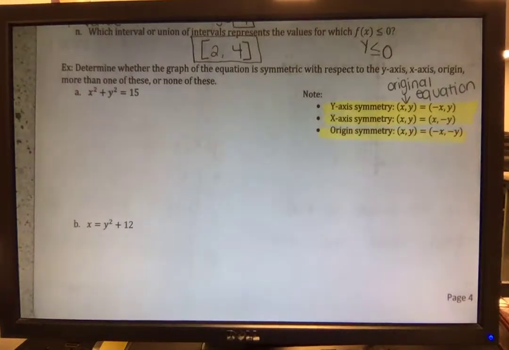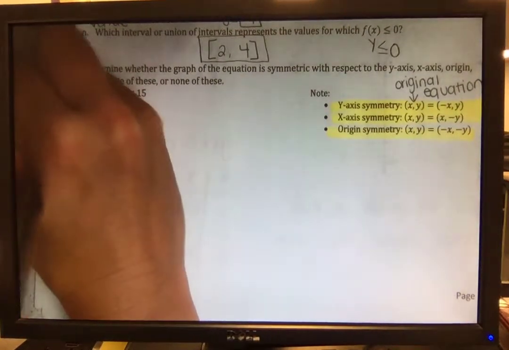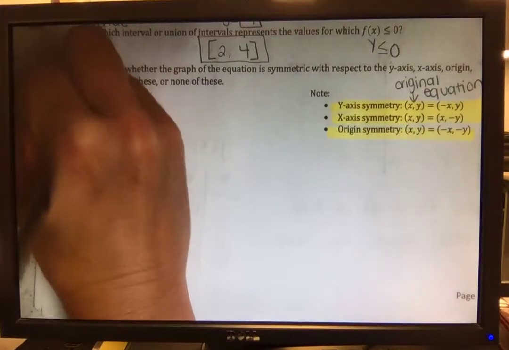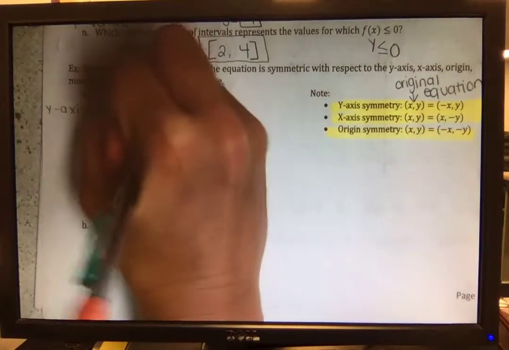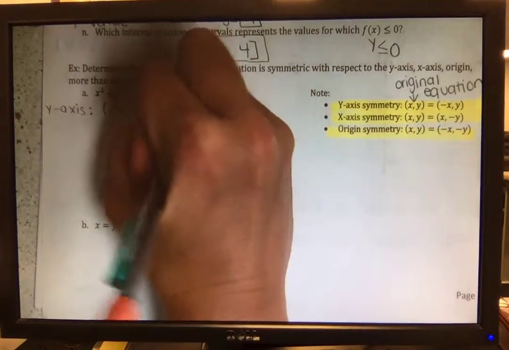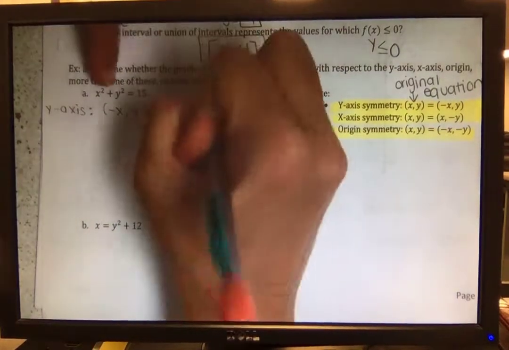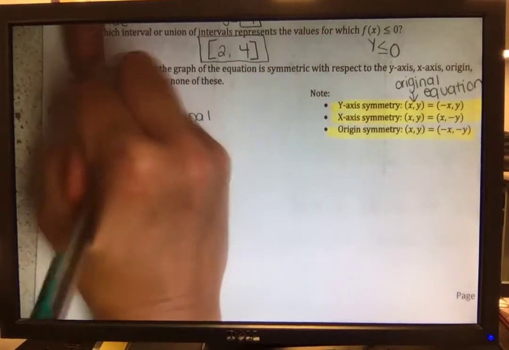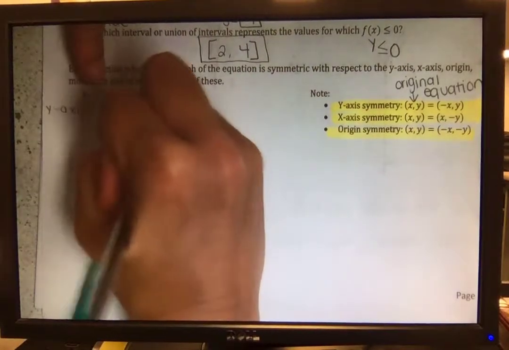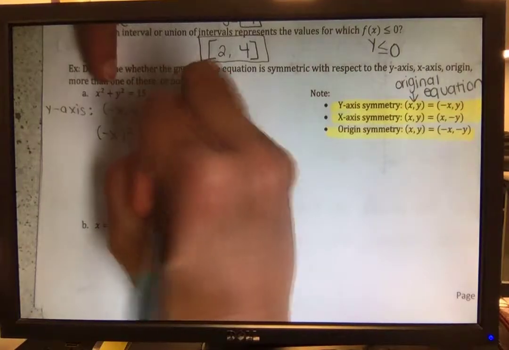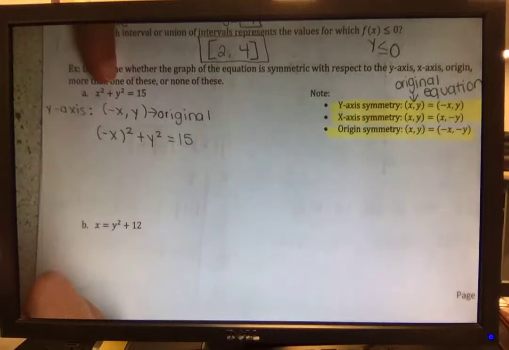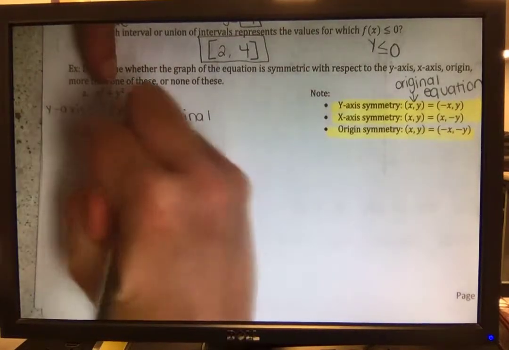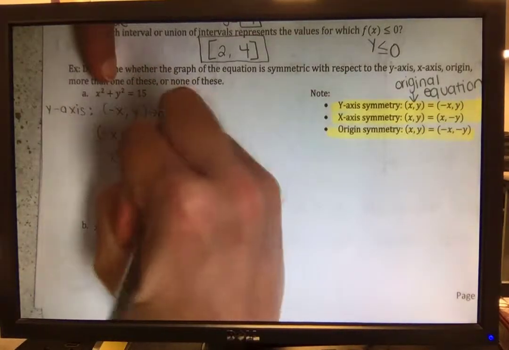So for example A, we have x squared plus y squared equals 15. First testing to see if it has y-axis symmetry. So that means I'm going to plug in -x and see if I get the original equation back out. So plugging in -x, so (-x) squared plus y squared, y is going to stay the same, equals 15. So (-x) squared, so -x times -x is +x squared.